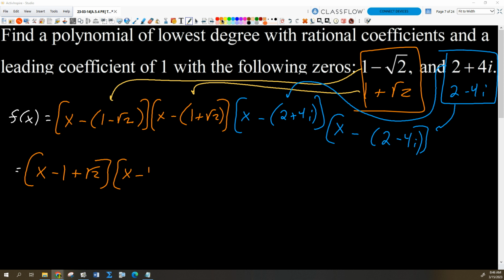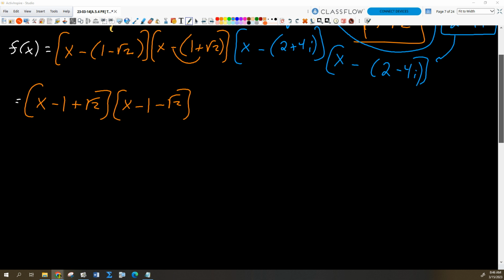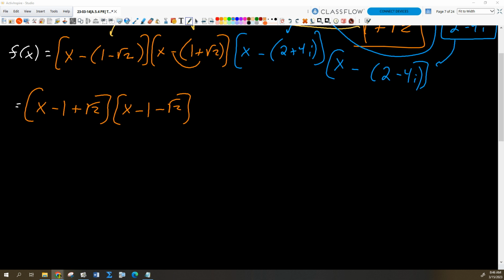Here we're going to get x minus 1, and if I distribute, minus the square root of 2. Here we're going to get x minus 2 minus 4i. And here we're going to get x minus 2 plus 4i. Okay, everybody good with that?